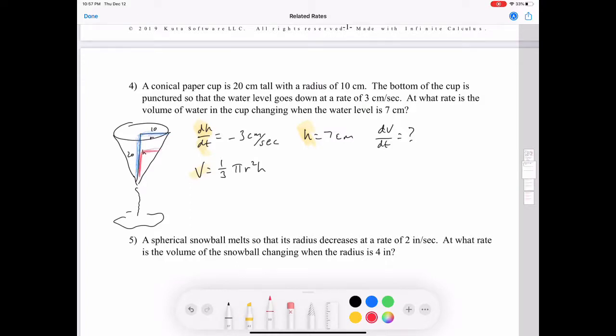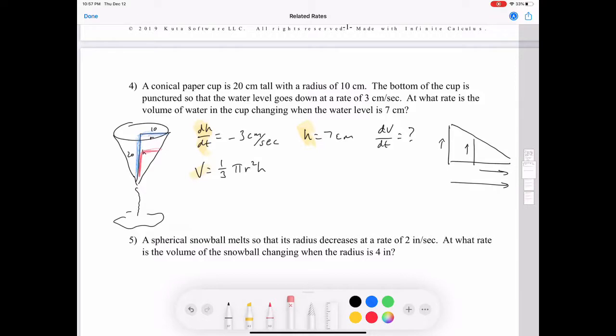So the trick for these problems is that you create an equation with r and h, the radius and the height that they give us already. So these will always be related. It's the same ratio. If you tilt this graph over and draw it this way, some of you guys have seen triangles that look like this. Right? And as the water's shrinking, so are the overall values. And they're all related in how they're shrinking. Okay?